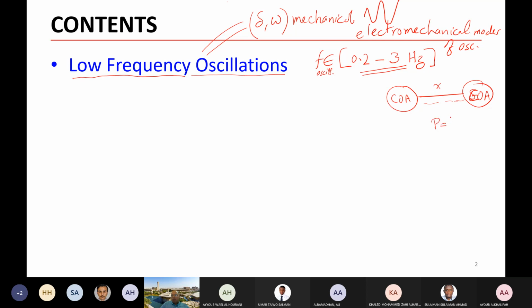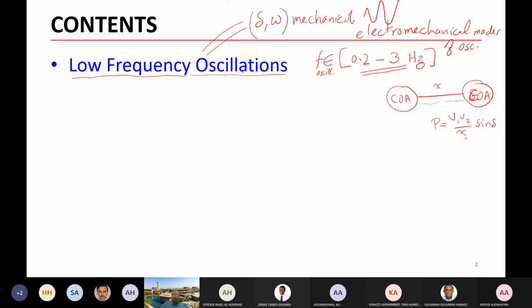Power equals V1 V2 over X sine delta. So X is high, and the power here is limited. When we have low frequency oscillation due to a disturbance, either in the eastern area, the central area, or through the transmission lines, we may have such oscillations.